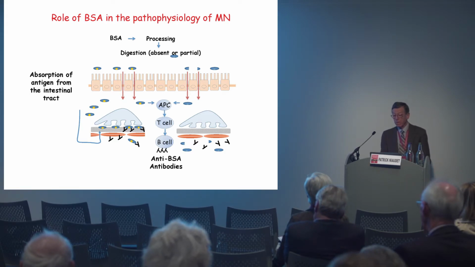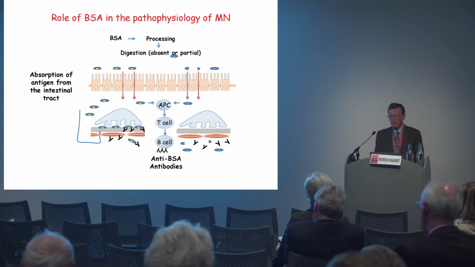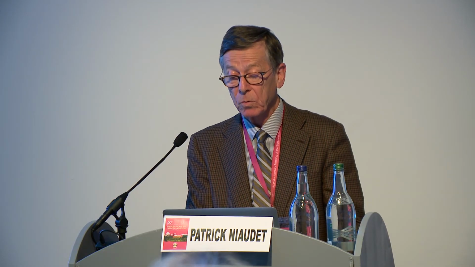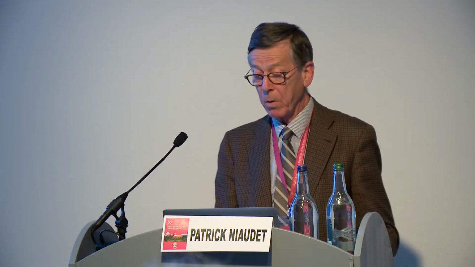We don't know exactly why it is in the cationic form, but this BSA is probably presented to the T cell with the formation of anti-BSA antibodies. And because of the cationic form of BSA, it will bind to the glomerular basement membrane, and the antibodies will bind then to the deposits.